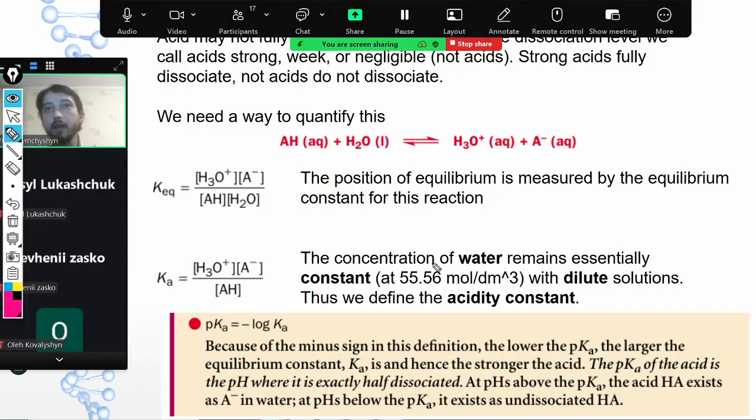If you do the math, you should get something like 55.56 mole per decimeter cubed, which is 1 liter actually. So the concentration of water in water is something like 55.56.